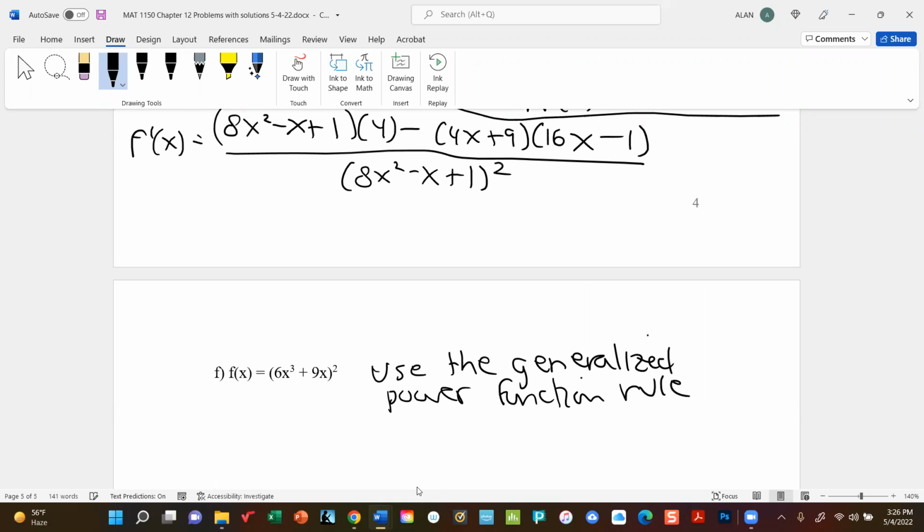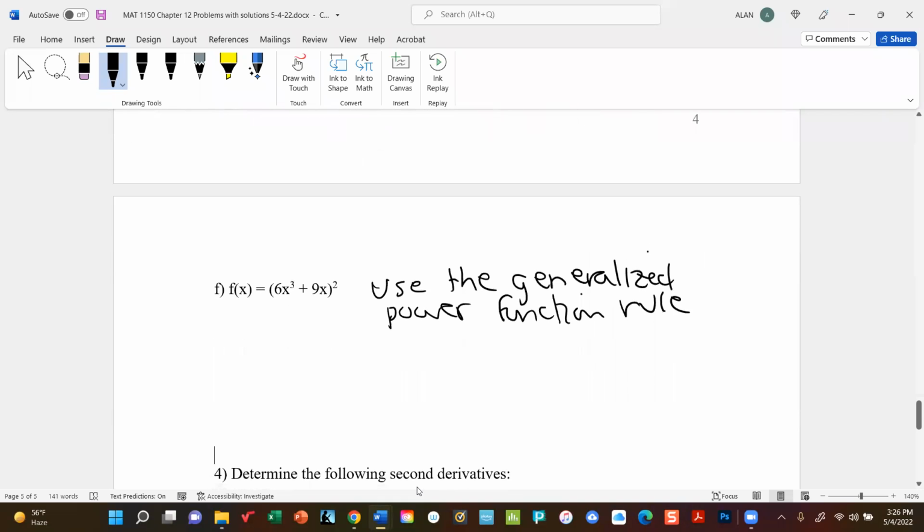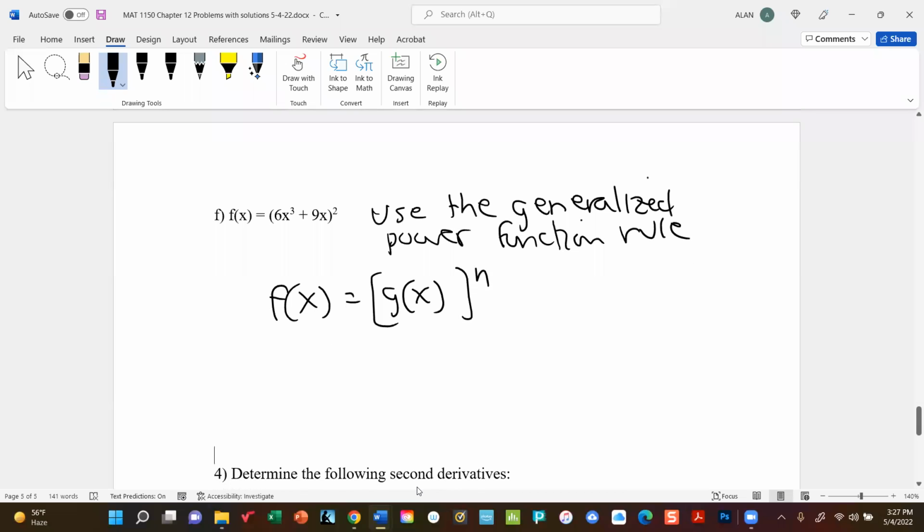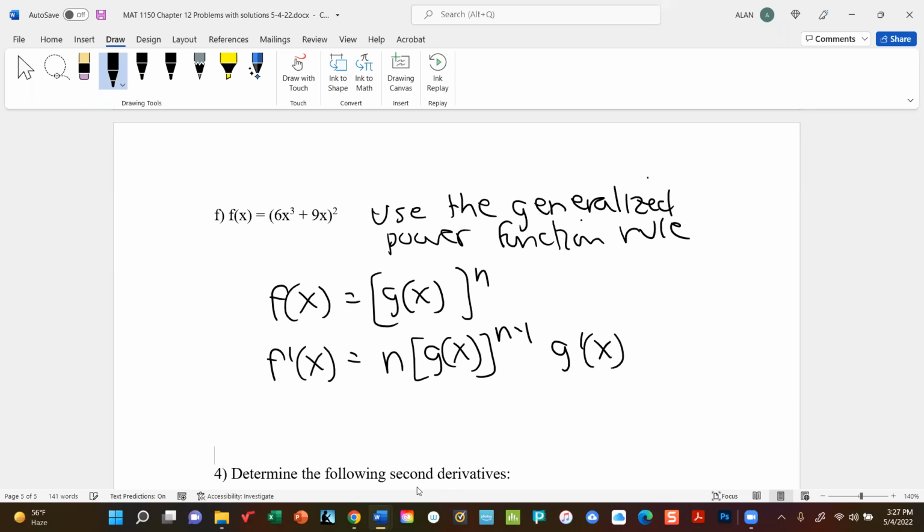And the way that works is that if you have f of x equals g of x raised to the nth power, which we have here, the derivative is n g of x to the n minus 1 times g prime of x.